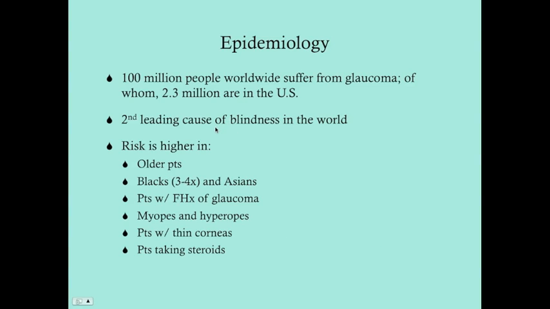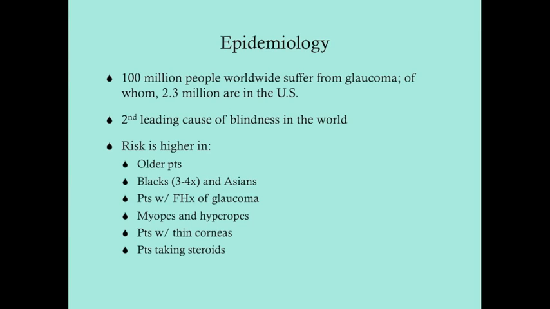All right. So the epidemiology is pretty vast. 100 million people worldwide suffer from glaucoma, of whom 2.3 million are in the U.S. We have a slightly smaller share proportionally to the rest of the world, mostly because of our demographics, because Asians are at higher risk for glaucoma. So the bulk of the glaucoma patients are in Asia.